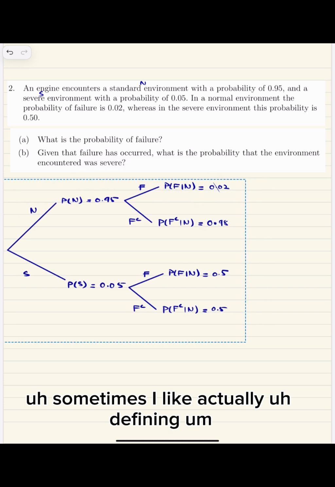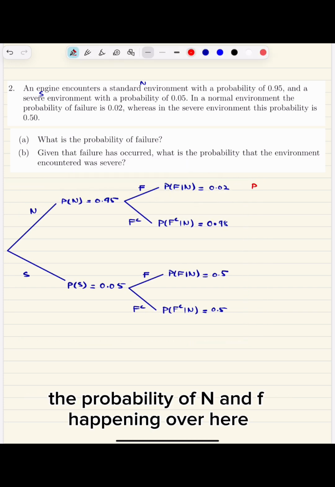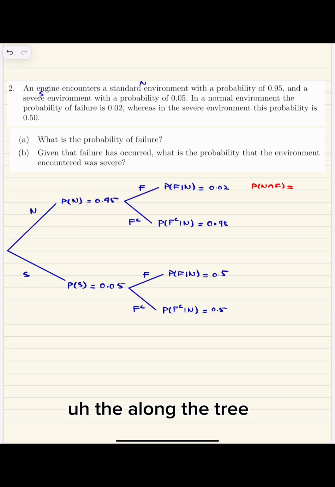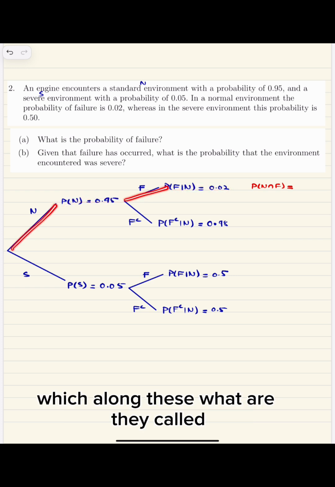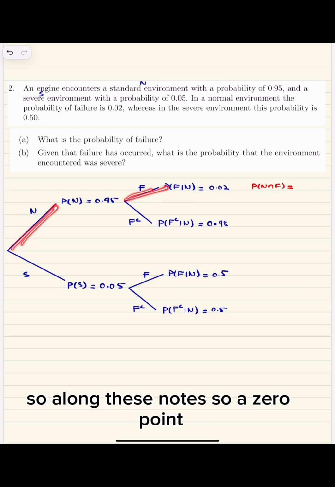Sometimes I like defining the probability of N and F happening over here, because I know I just have to multiply along the tree, along these, what are they called? I think they're called nodes.